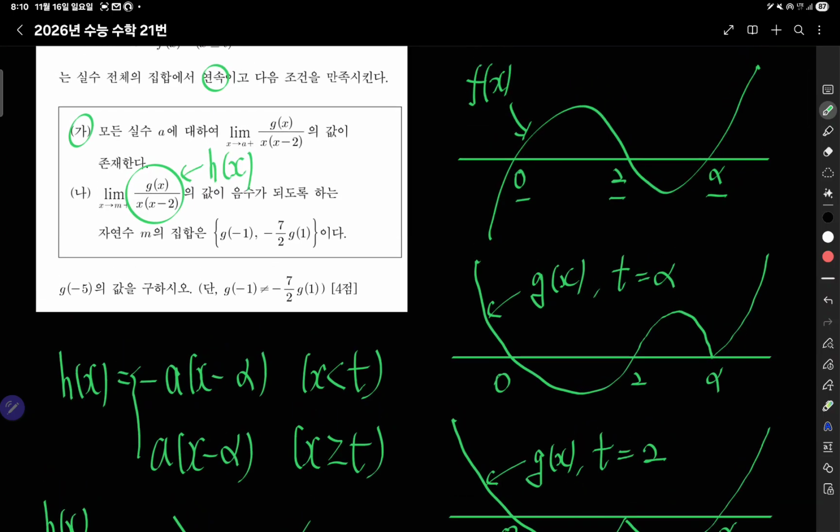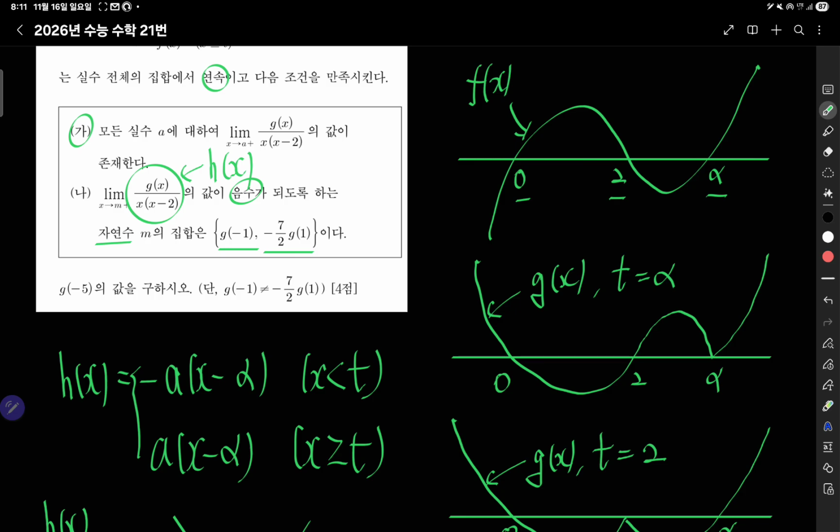And the limit value of g of x over x times x minus 2 is negative when x goes to m, a natural number, and there are two such natural numbers. One is g of minus 1, and the other is minus 7 over 2 times g of 1.